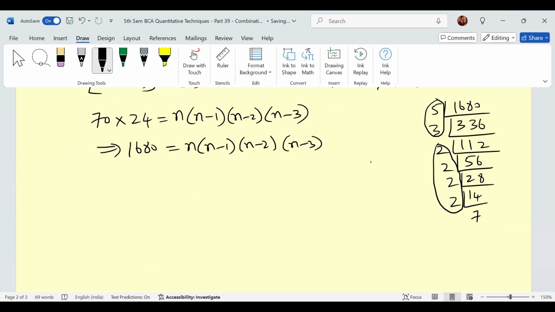We will not consider that, because there are 4 terms here. So we'll consider these 3 terms, which is 8. 3 into 2 is 6.